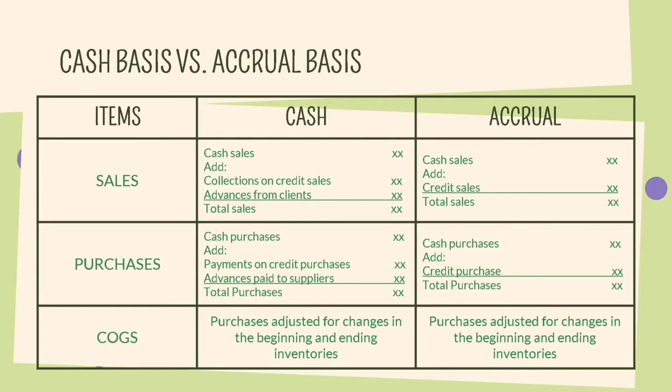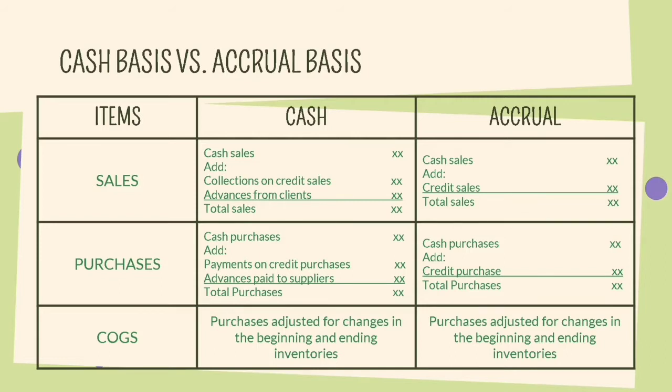While accrual, total sales are equal to cash sales plus credit sales, regardless collected or not, as long as it is earned already. And advances from clients under accrual basis are excluded because it is still not earned, therefore it is considered as liabilities under the accrual basis of accounting.